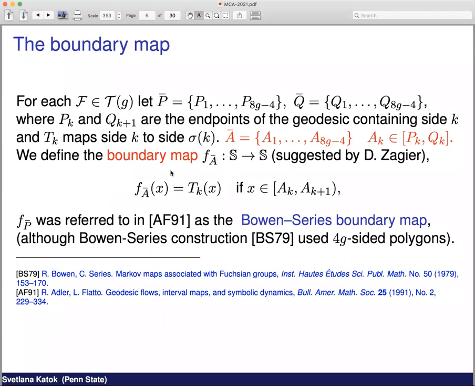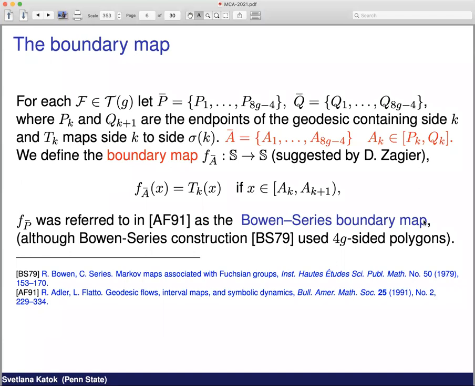And we defined a boundary map, F sub A, which is equal to T_k when x is between A_k and A_{k+1}. Okay, so now if all A's are P's, we get F sub P. And Adler and Flatto called it the Bowen-Series boundary map.